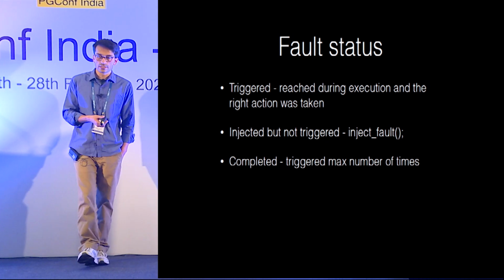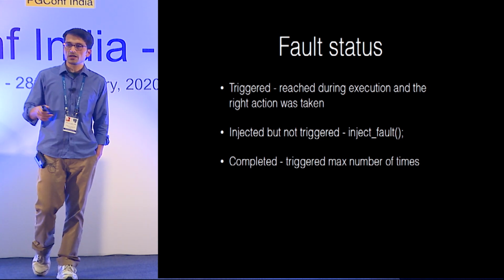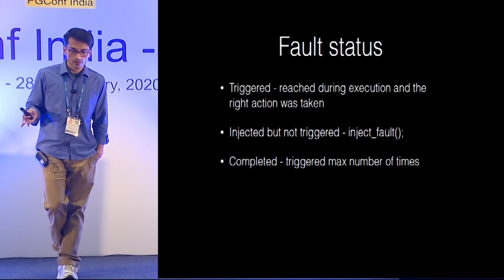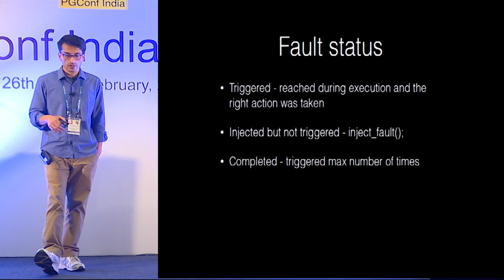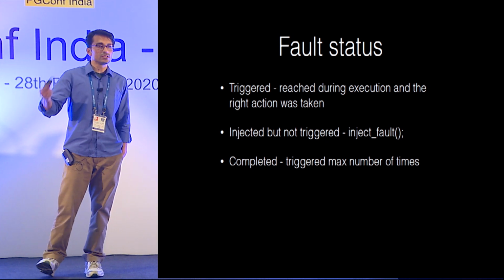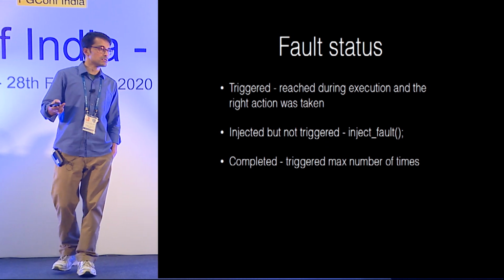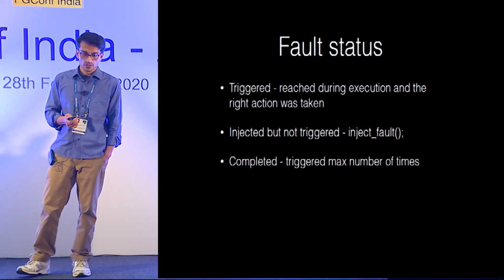Fault status triggered means the fault was reached during execution by some backend process, and the action was taken. Injected but not triggered means the test has executed inject fault, but the fault has not been reached during execution by any backend process.